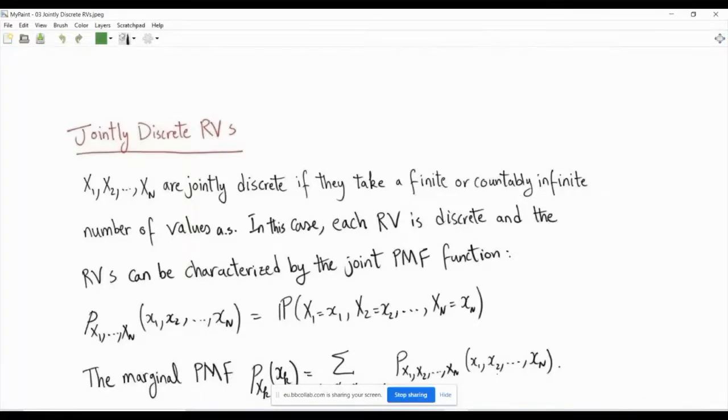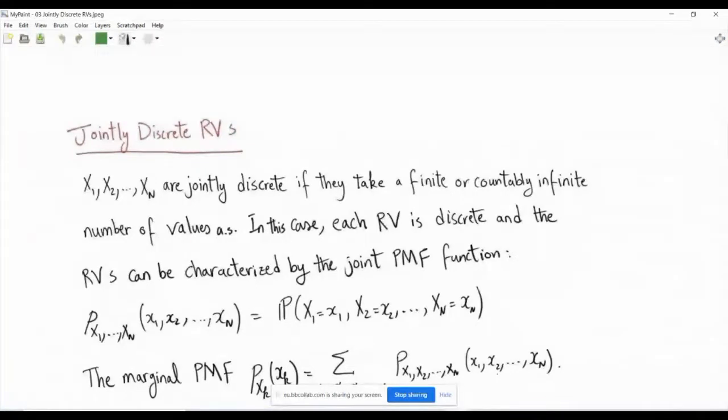In that case, it may be useful to use something other than the joint CDF. The joint CDF is there.